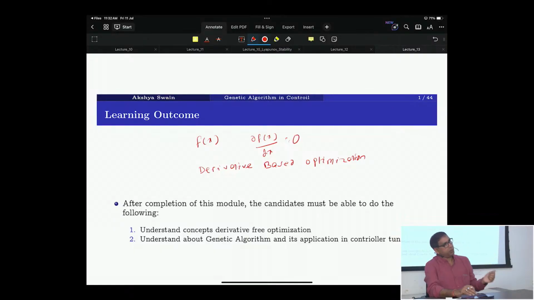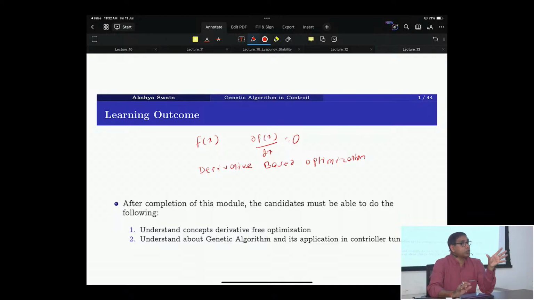So a new class of optimization techniques were developed, which are called derivative-free optimization techniques. Most of the bio-inspired computing in general, say genetic algorithm, particle swarm optimization, ant colony optimization, random forest algorithms, and evolutionary computation, essentially optimizes a particular function and gives you a solution which does not require any derivative.